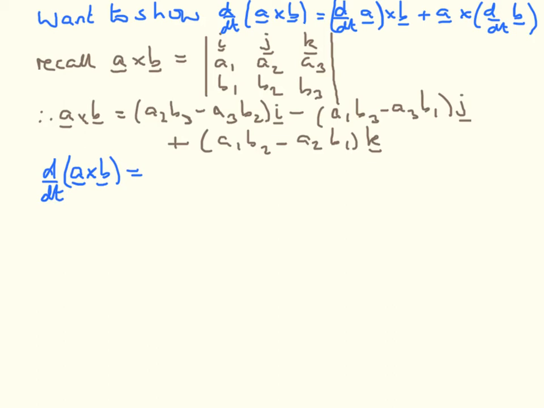So we're going to get, using dot notation, open brackets, A2 dot B3 plus A2 B3 dot, that's just differentiating the first product here, minus A3 dot B2 minus A3 B2 dot, and that's all in the I direction.